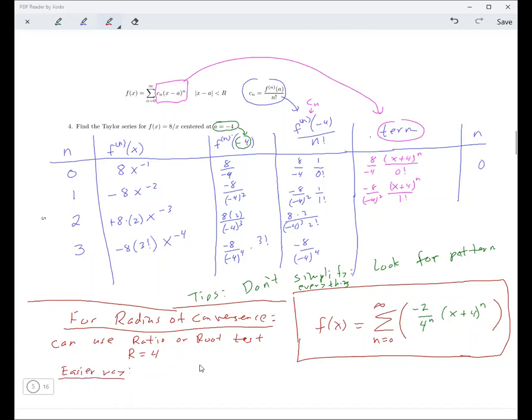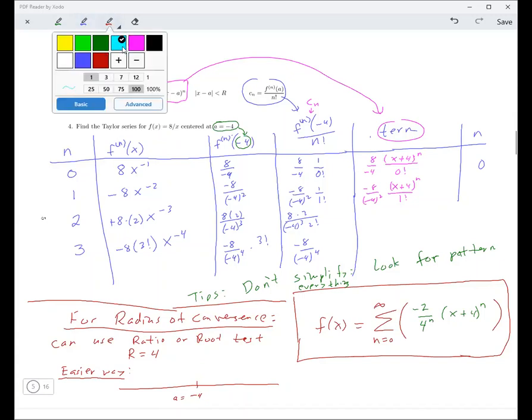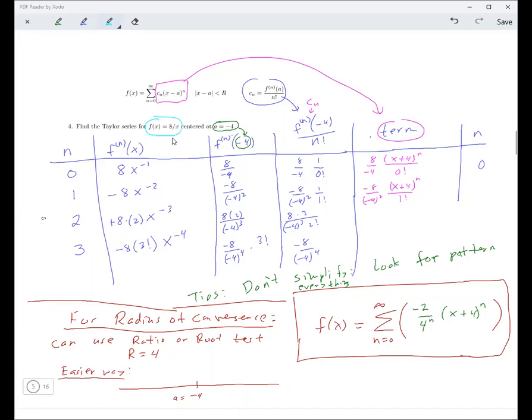And that is if you look at this: here you have A is negative 4. A is -4. If you look at the function here, when x is 0, this is not defined.